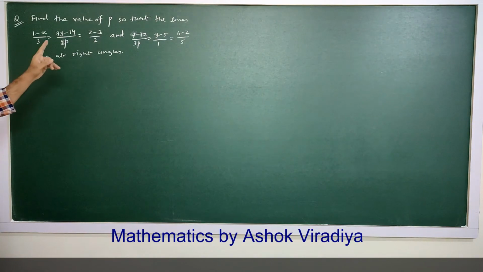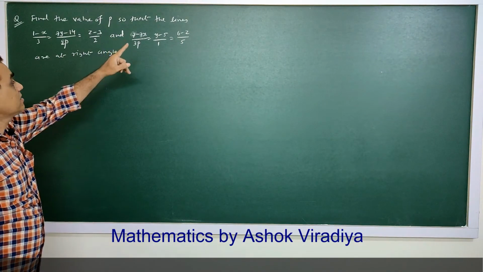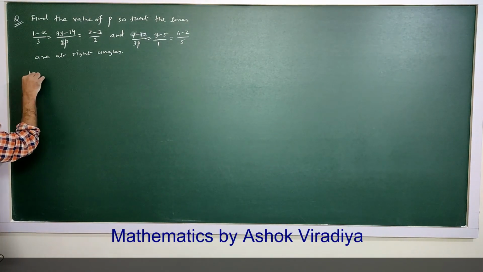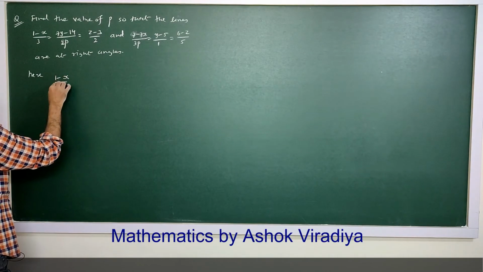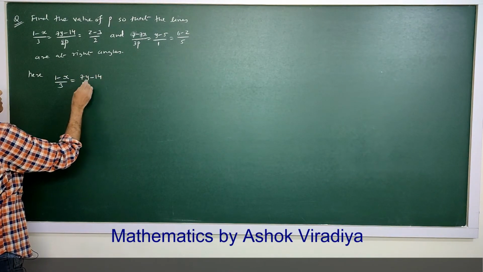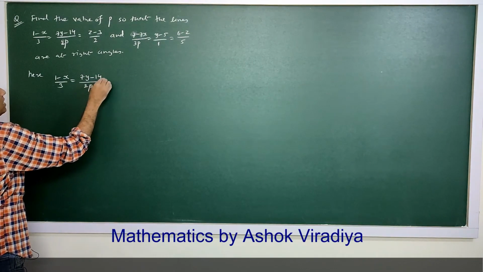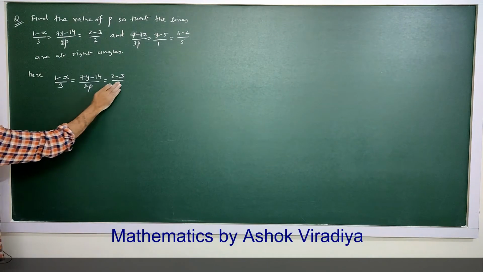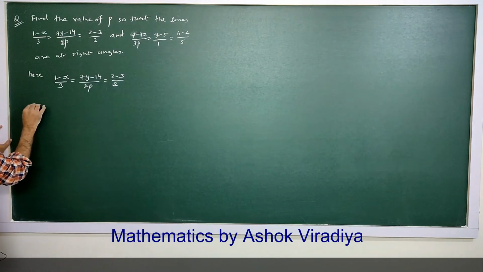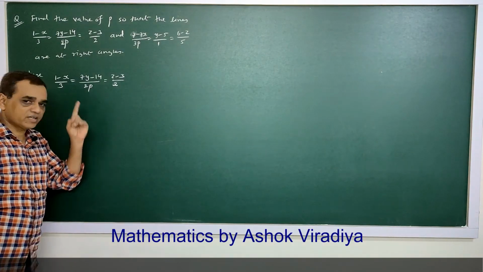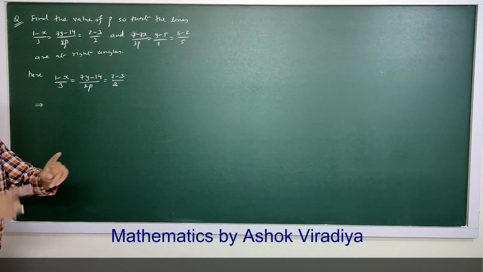Now find the value of P so that these lines are at right angle. Say here 1 minus x by 3 equal to 7y minus 14 by 2P is equal to z minus 3 by 2. Now before taking direction ratios from denominator, always check numerator.